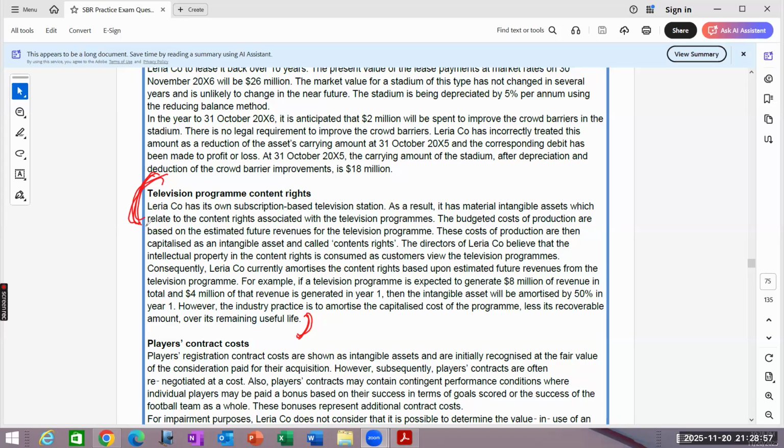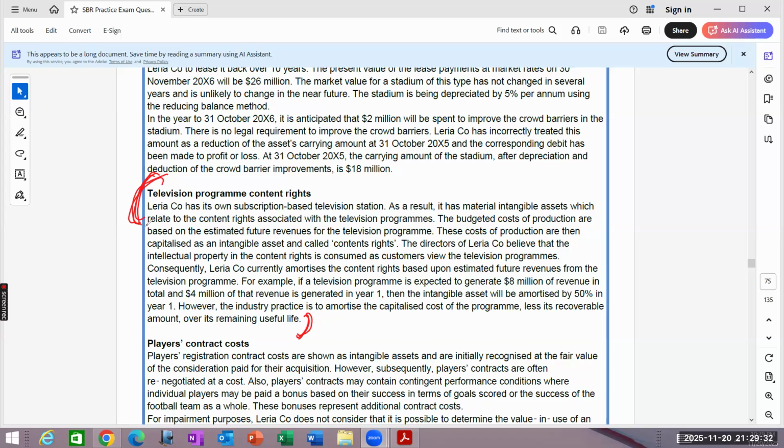Now, dear student, first of all, both methods are allowable if they are appropriate with the consumption pattern. But IAS 38 discourages, or you can say recommends, that the amortization should not be based on revenue generation basis. It is a recommendation, but it doesn't mean that it is compulsory.